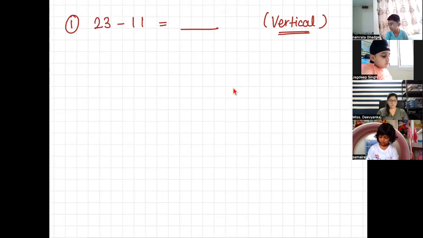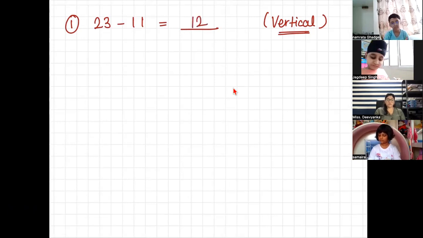What is the answer? Come on, tell me. 12. Okay, and Samaira, what is your answer? Is that the same? Yes? Then that's the correct answer.